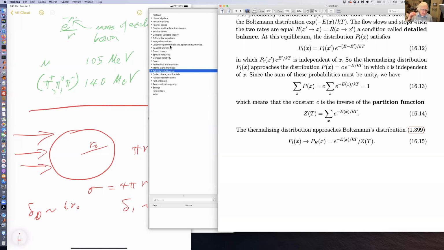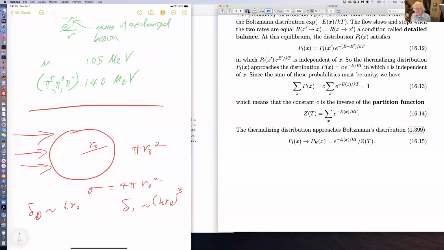By the way, if you want to do a project on Monte Carlos, I would recommend having a Fortran compiler, which you can download free from one place or another, or a C compiler. On the other hand, MATLAB, I think, has built-in Monte Carlo routines, so that makes projects much more accessible and more fun.